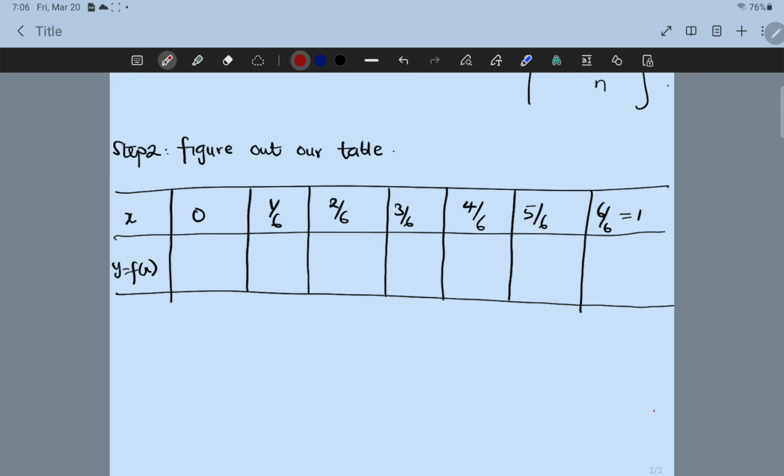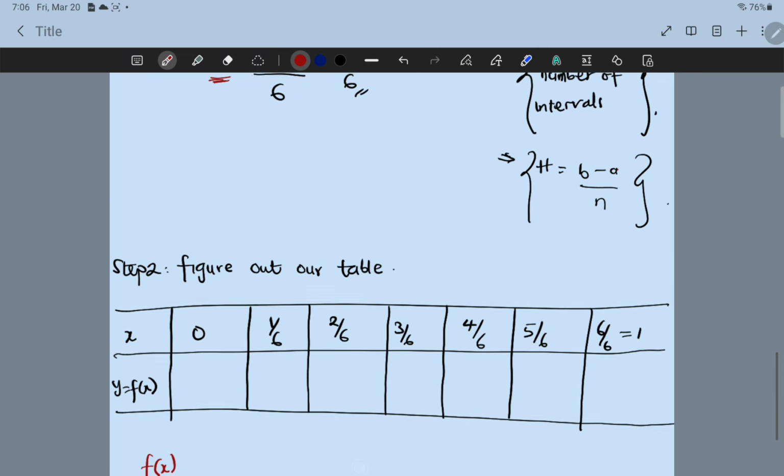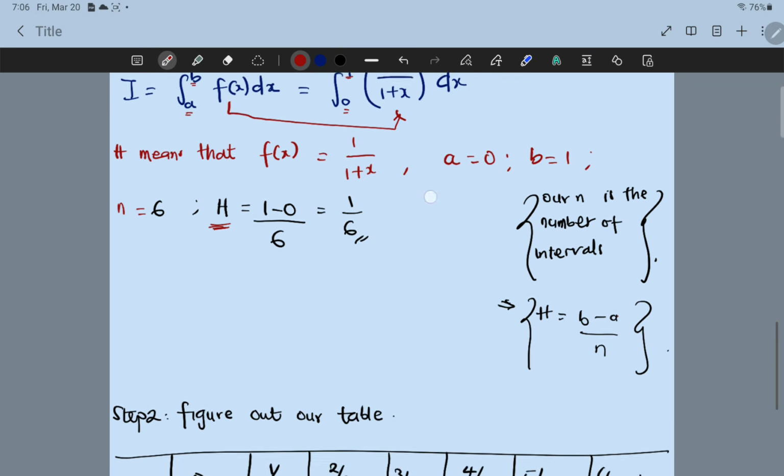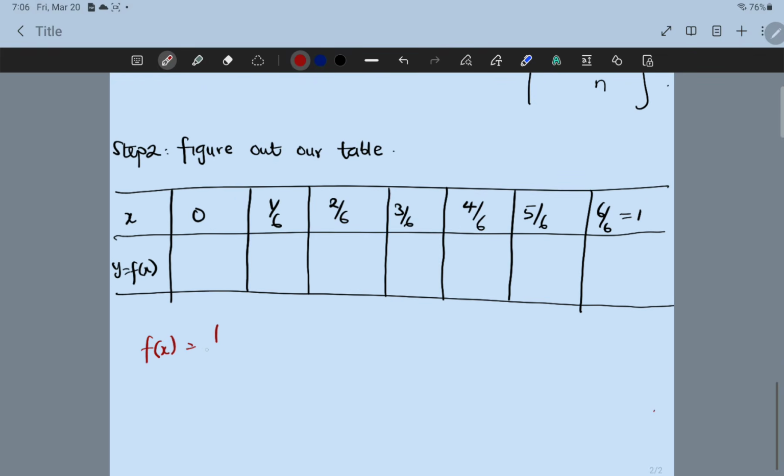All right, so y is equal to f of x. So what do we mean? You know, f of x from the question, we have f of x as 1 over 1 plus x. So we are saying when x is 0, f of x will be 1 over 1 plus 0. Do you understand me now? So that's how to figure out our table.